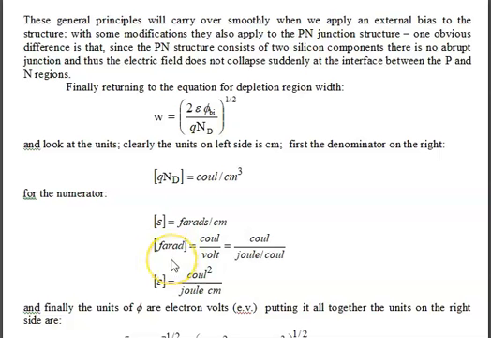Okay, so that doesn't help us too much. We have to figure out what is a farad. Well, here we go a little bit, we use the other equation, Q equals CV, and we find that 1 farad is a coulomb per volt. And a volt, bear with me right now, I'm going to claim that the units for voltage are joules per coulomb.